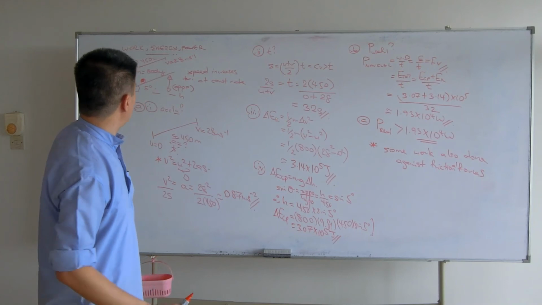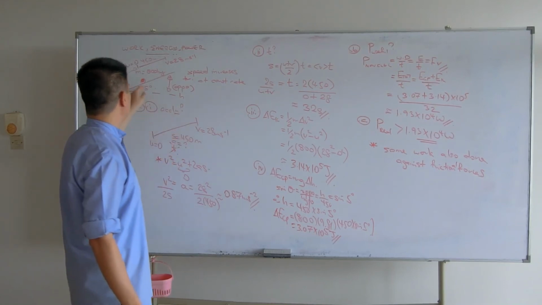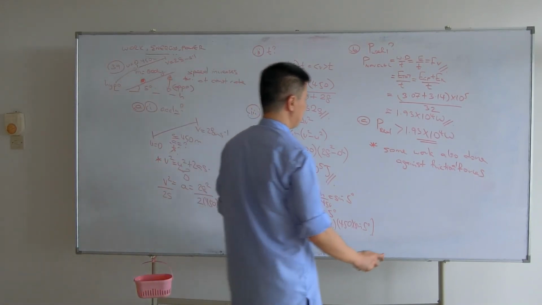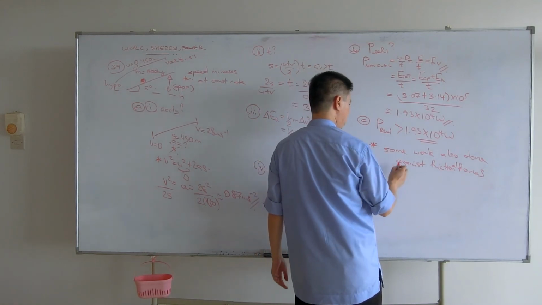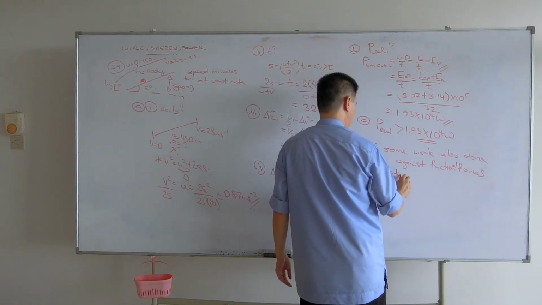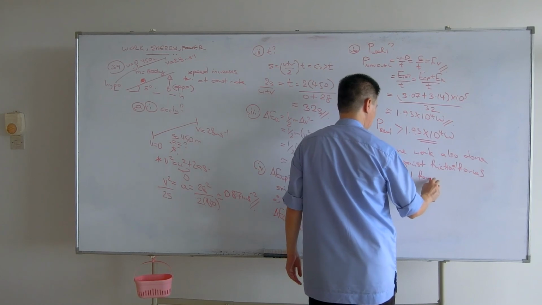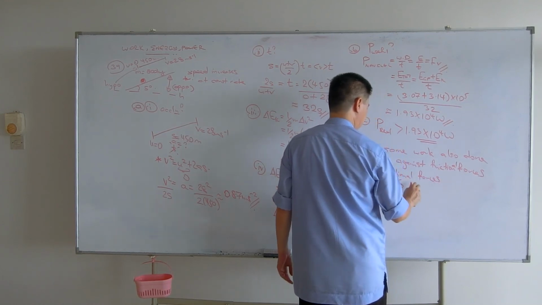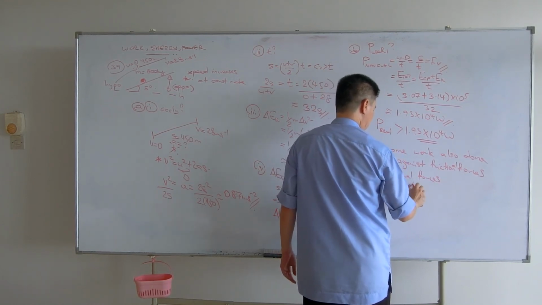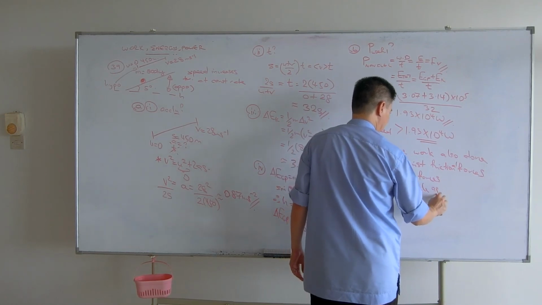You can have friction against the road or air resistance. So you can mention frictional forces, which could be the vehicle against air resistance.